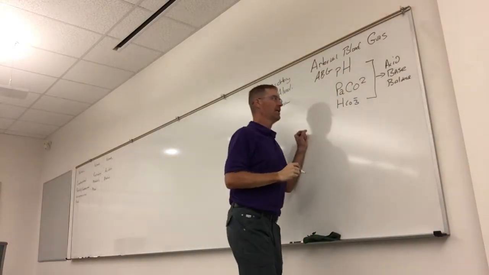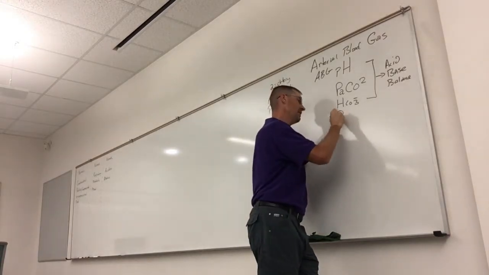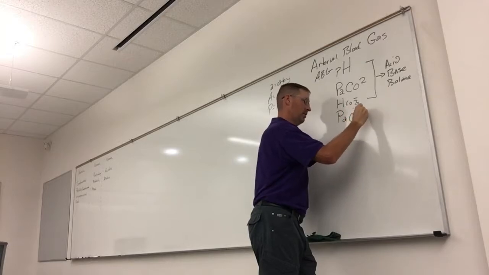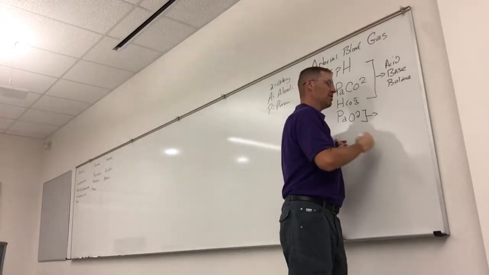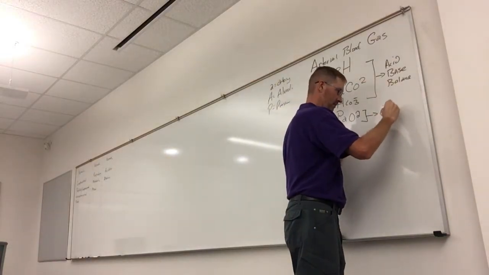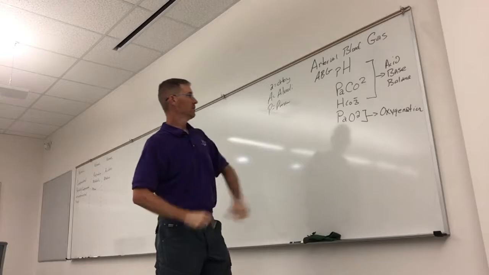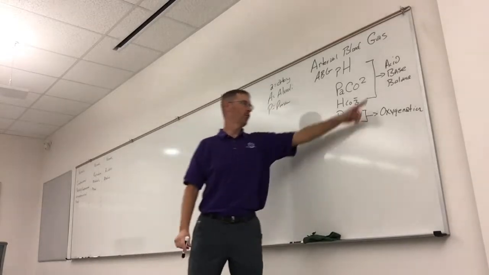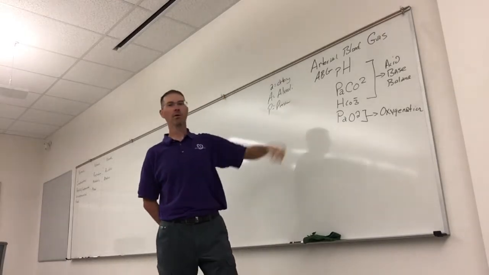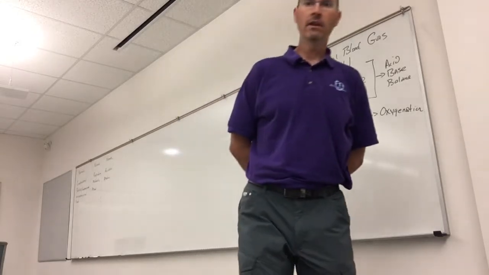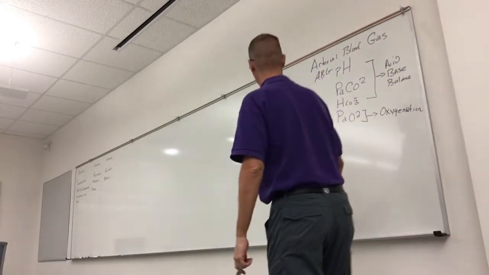And then we also tend to look at one more value, but it doesn't tell us about acid-base. That is the PaO2, the pressure of oxygen in the artery. And this is used to determine the oxygenation status of our patient. So pH, CO2, and bicarb are used for acid-base balance, and O2 is used for oxygenation. That makes sense because these are the three variables we talked about in regards to the Henderson-Hasselbalch equation, right? I built that up, and we got to the normal pH.